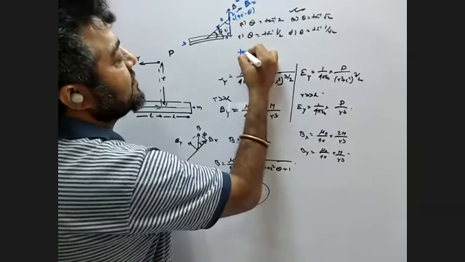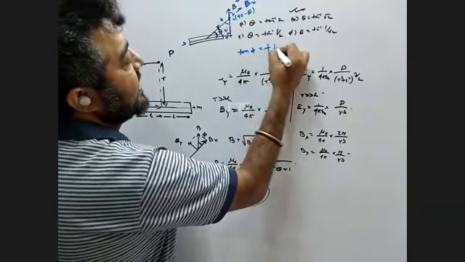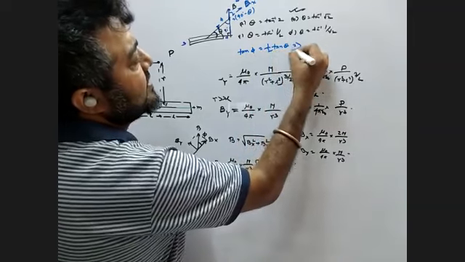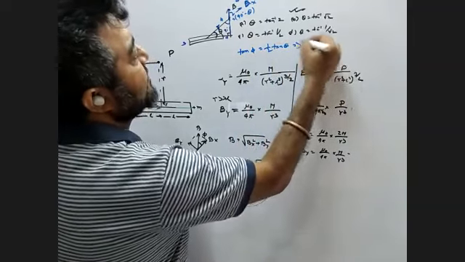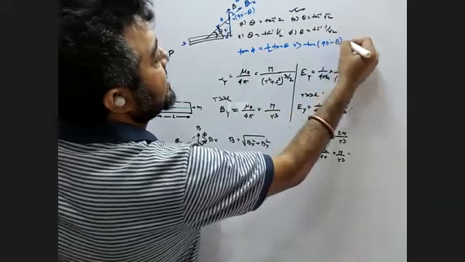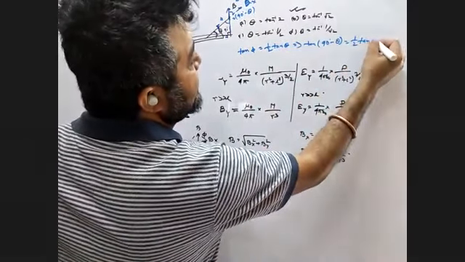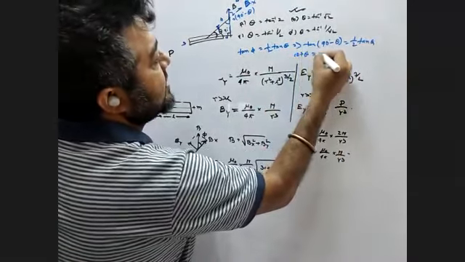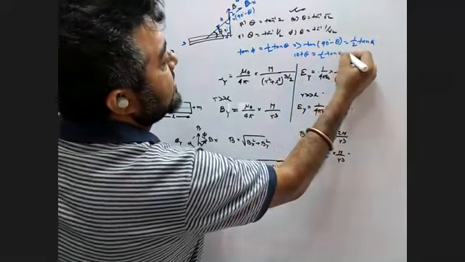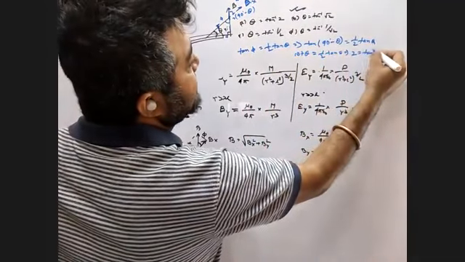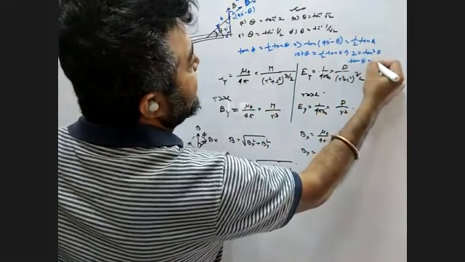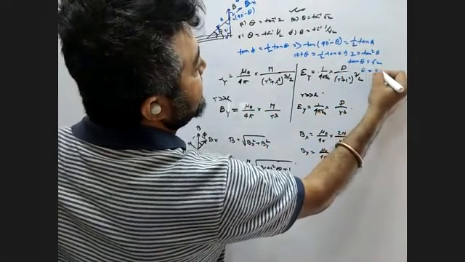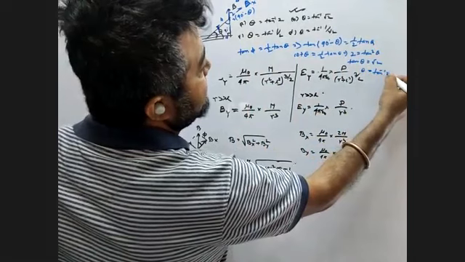Then we write V naught tan phi, half of tan theta. Tan phi is tan of 90 minus theta, which is cot theta, equals half of tan theta. So 2 equals tan square theta. Tan theta is root 2, theta is tan inverse root 2.